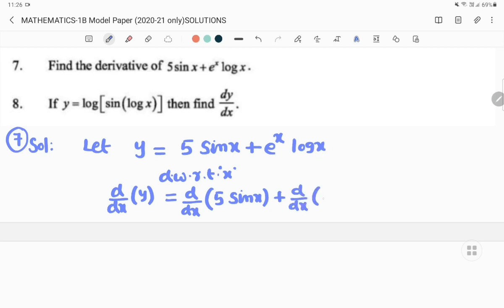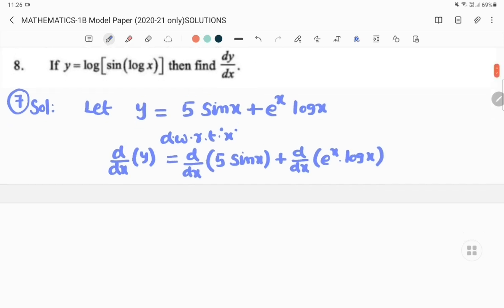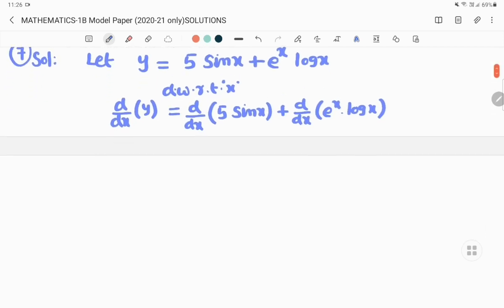I hope everyone understands. So, dy by dx becomes d by dx of 5 into sin x. 5 is a constant, and a constant into any function, you can take the constant outside of the differentiation, d by dx, and then the rest of the function you have to differentiate, d by dx of sin x. This is the way you can do.